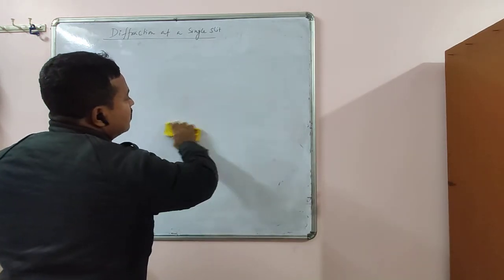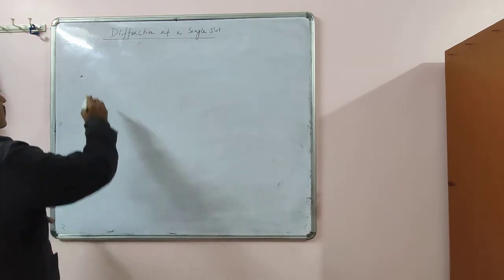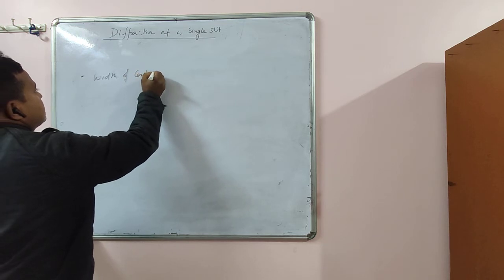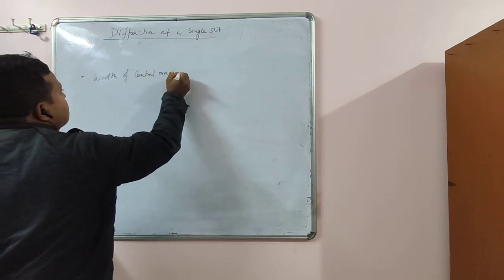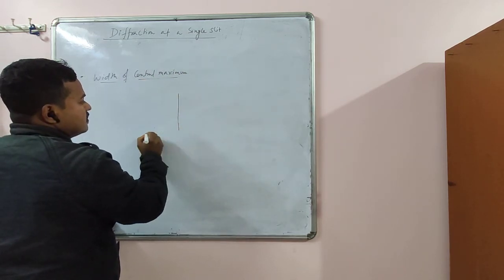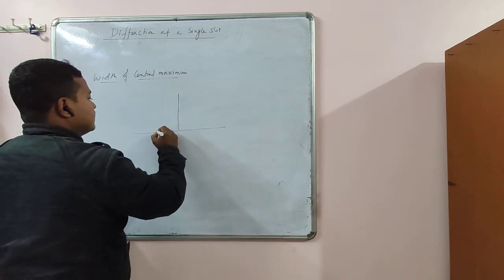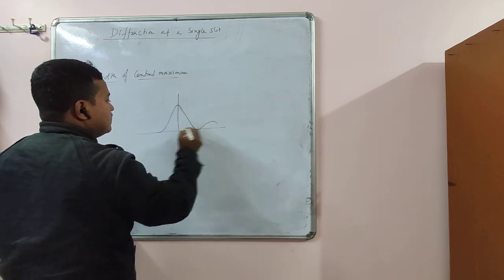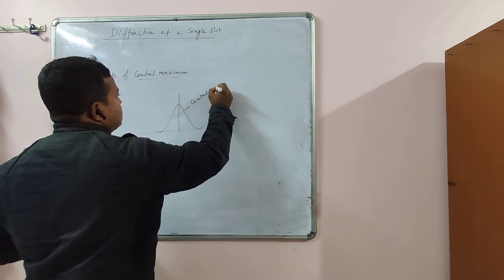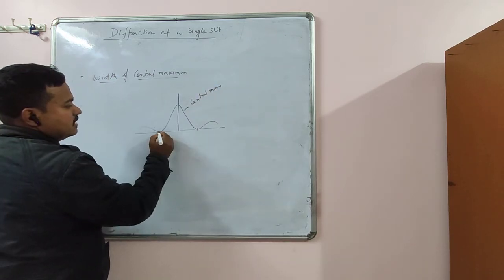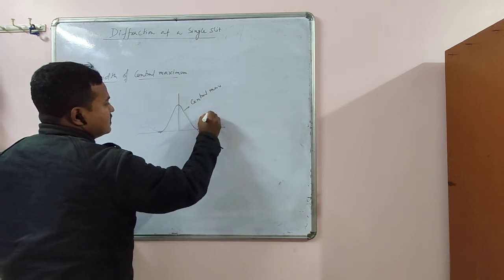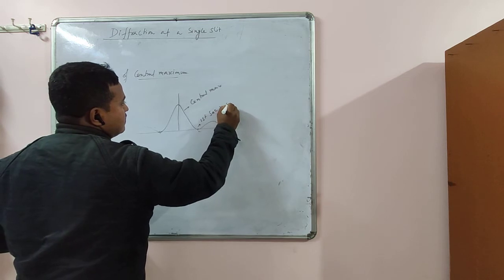Now let me find out the width of the central maxima. Suppose this is the central maxima. Here is the minimum intensity, so it is the first secondary minima.